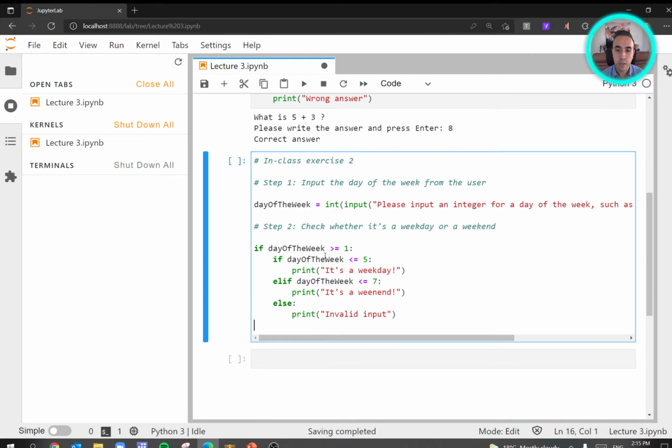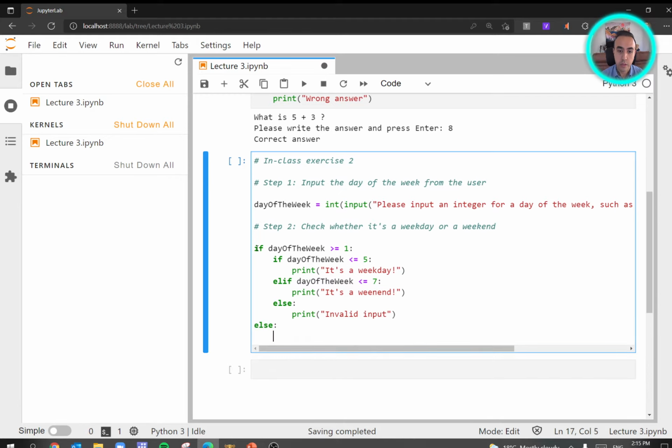So if the user enters something like 8, 9, 10, since it's greater than 1 but not less than 7, it'll be an invalid input. And for those who enter, for instance, 0, this is also an invalid input.